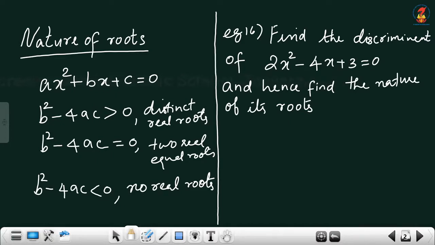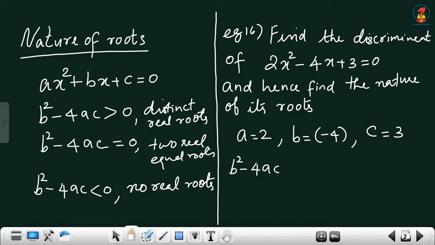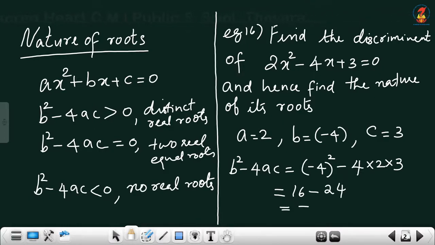From this quadratic equation, we can find a is equal to 2, b is equal to minus 4 and c is equal to 3. So, what we need is b square minus 4ac. b square is minus 4 whole square minus 4 into 2 into 3, which is equal to 16 minus 24, which is equal to minus 8, which is less than 0.